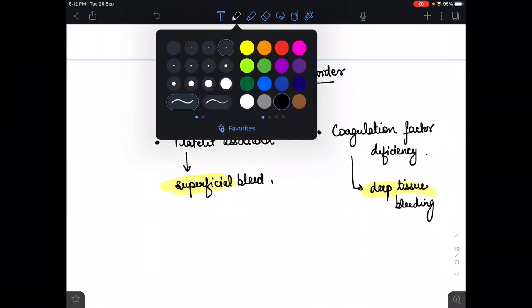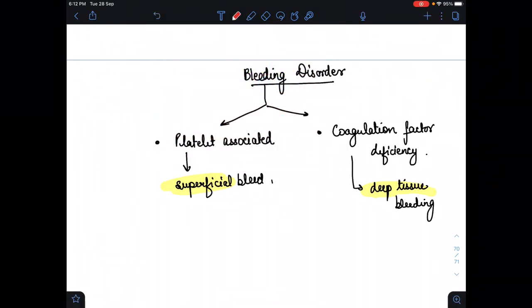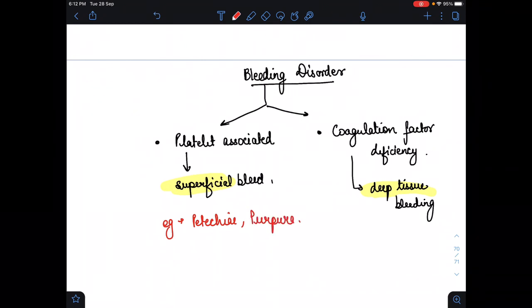Examples of platelet associated, or superficial, bleeds are petechiae and purpurae.